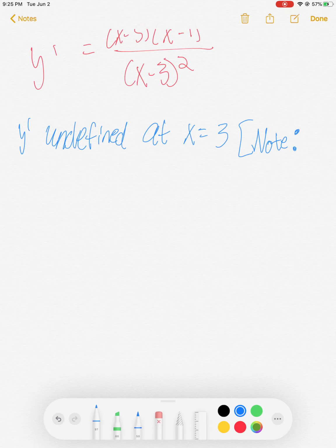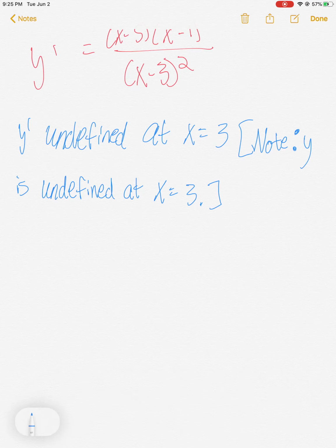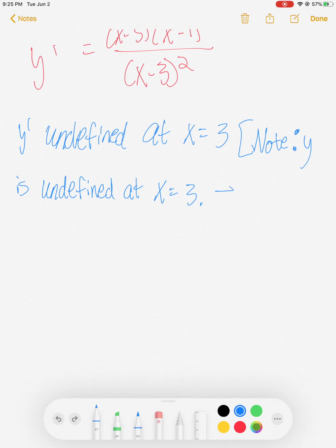Now it's worth noting that y itself is also undefined at x equals 3. So we can't have a maximum there. But it's still worth looking at to see what's going on with the function. So note, y is undefined at x equals 3 as well.